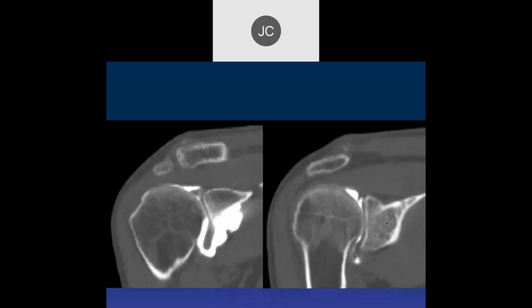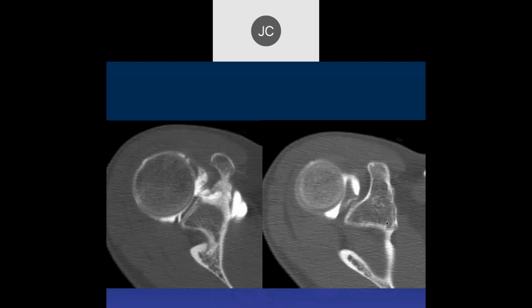CT arthrogram. Yeah, I guess there's some fluid undermining that superior and posterior superior labrum.